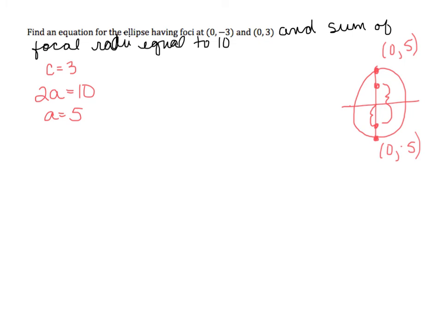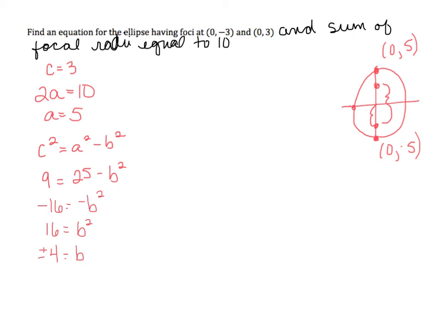For that, I will use c squared is equal to a squared minus b squared. So in this case, c squared, that's 9, is equal to 25 minus b squared. So negative 16 is equal to negative b squared, divided by negative 1. 16 is b squared. Take the square root. b is plus or minus 4. So now I know the x-intercepts are 4, 0, and negative 4, 0.